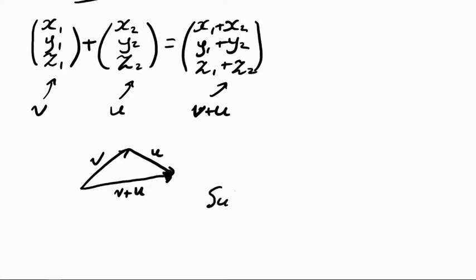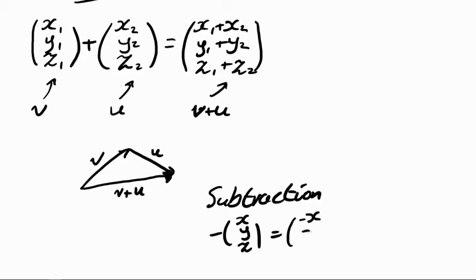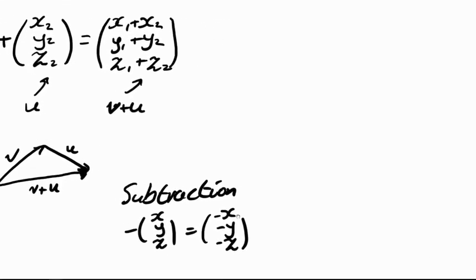We also want to be able to do subtraction. That looks very similar, but I want to think about this in terms of negative vectors instead. A negative vector is just putting the negative sign in front of each part.